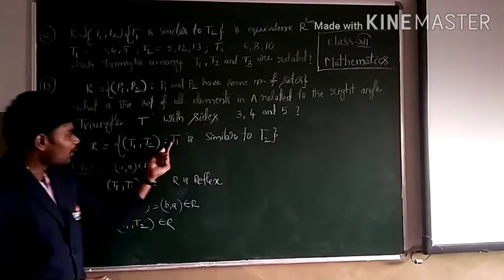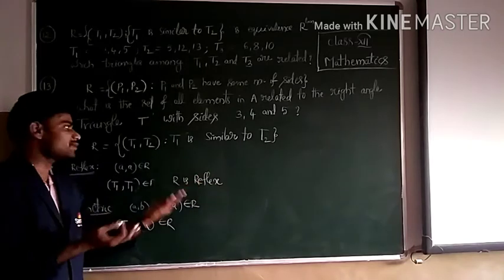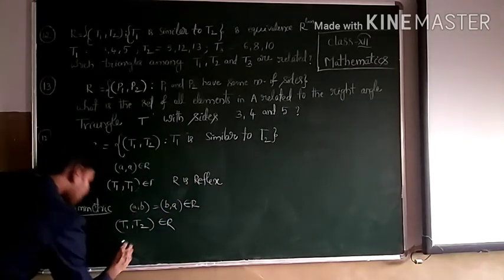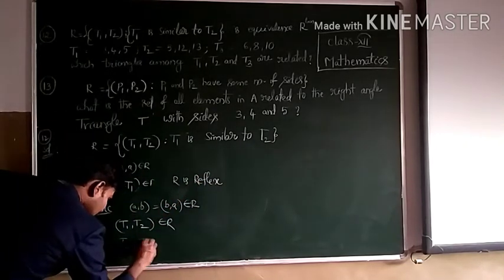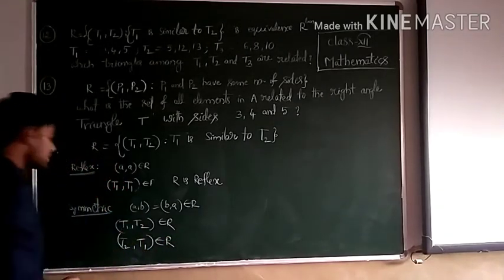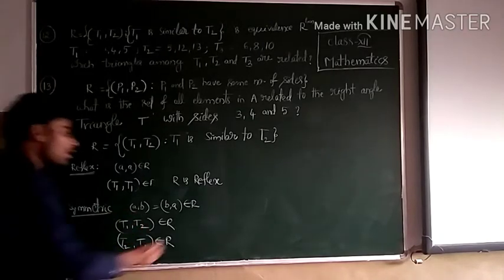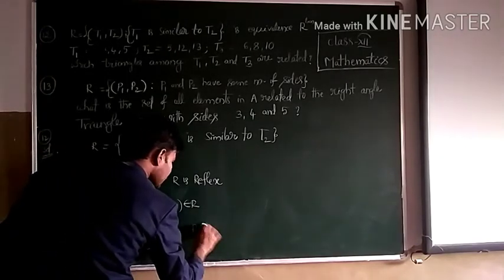When one triangle is similar to another triangle, the other triangle is also similar to the first. So (T2, T1) also belongs to R. So R is a symmetric relation.